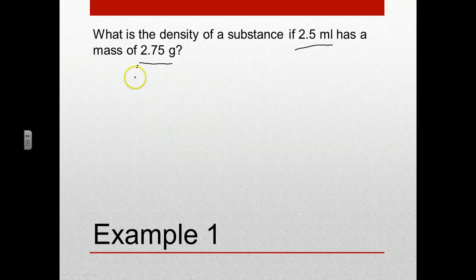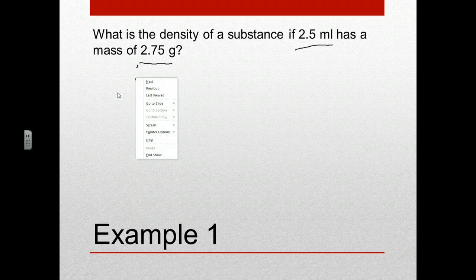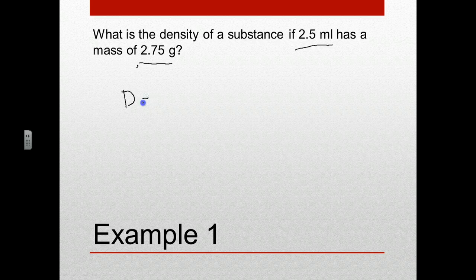So we have our formula. Density equals mass divided by volume, or D equals M over V. When you see grams, that tells you you have a mass.